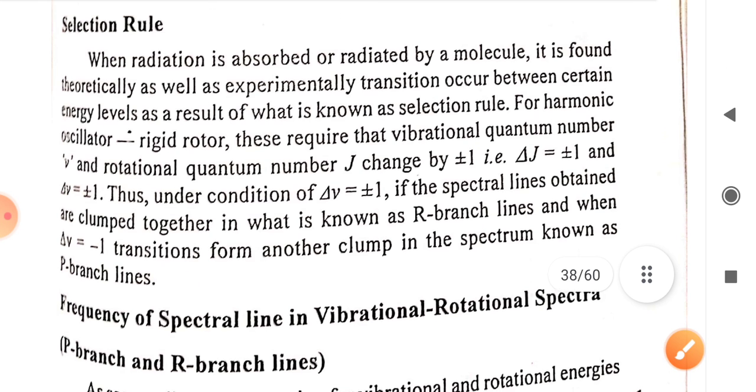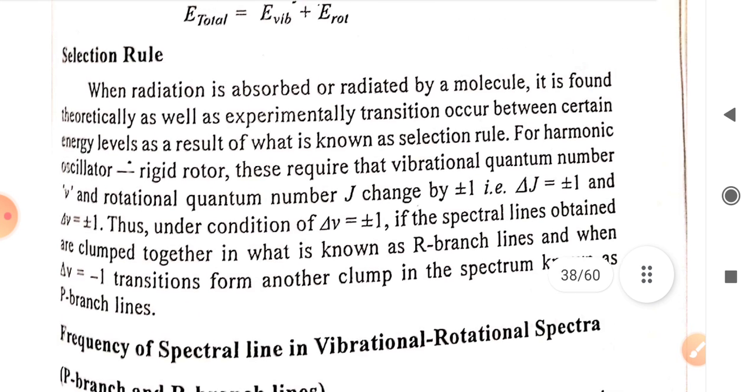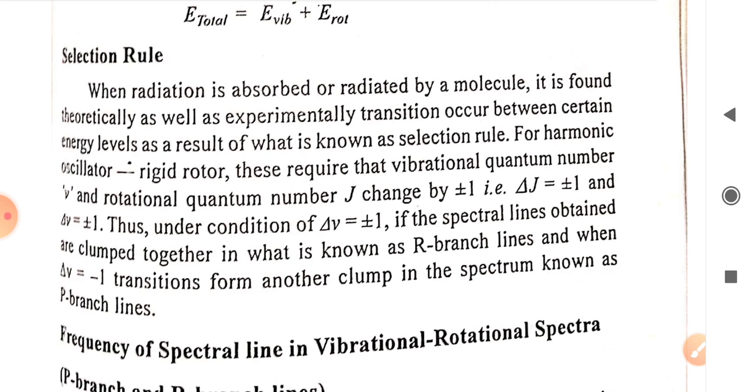There we came to one conclusion: due to the difference in the vibrational and rotational energy levels, specific lines occur with respect to one particular frequency. That frequency is simply the fundamental mode of vibration. Around that fundamental mode you get different frequencies differing by the mode of rotation in the given molecule.